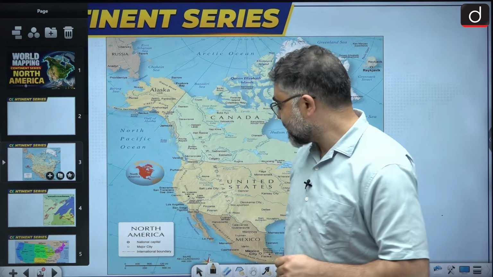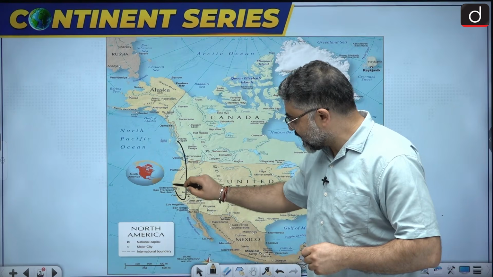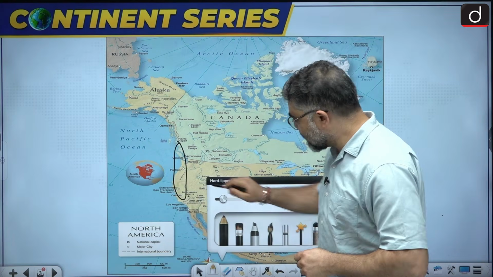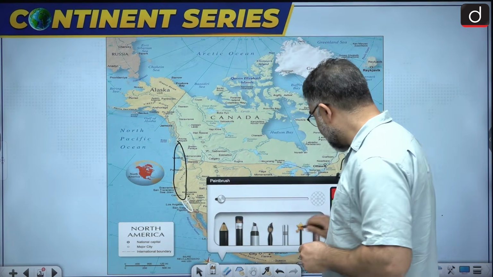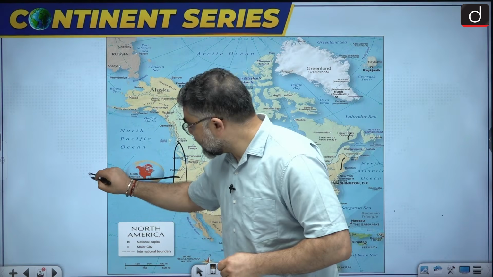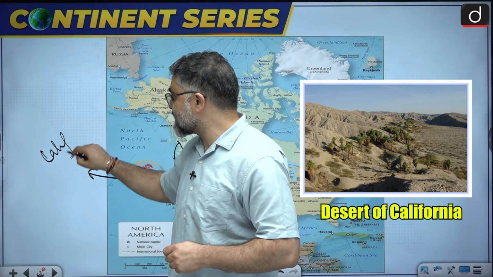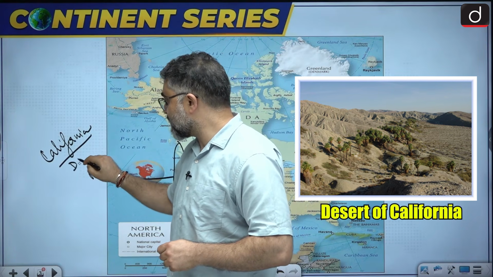But before that, we'll see that on the western margin of the continent, US, extending from USA to Mexico, there is this desert which is collectively called as Desert of California. The Desert of California that has some regional names.